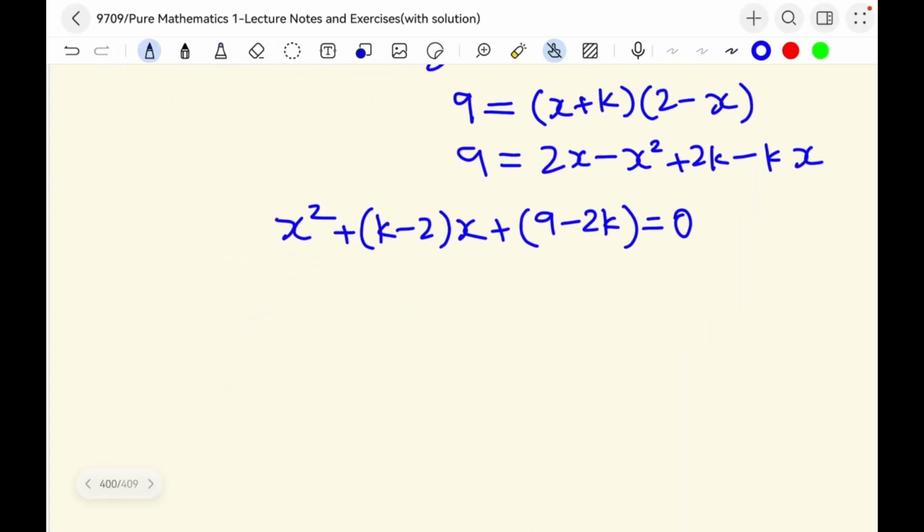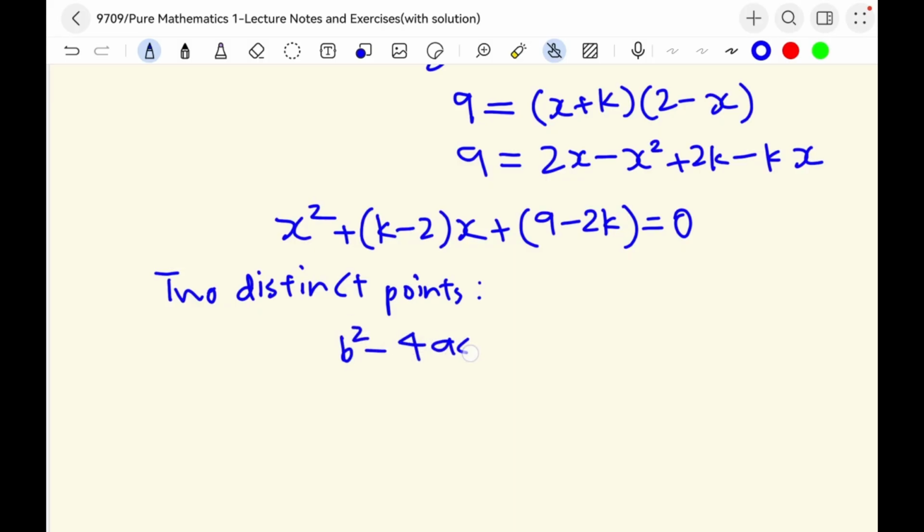Now, when there are two distinct points, distinct means different, okay? Or two distinct solutions, two distinct roots, apply b squared minus 4ac greater than 0, not with the equal sign. Okay?